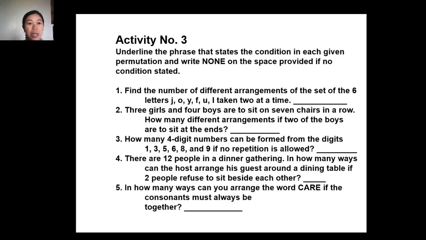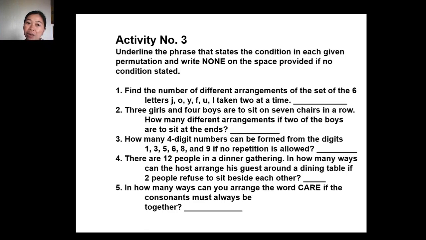Then, for activity number 3, so, underline the phrase that states the condition in each given permutation, and write none on the space provided if no condition is stated. So, it means that kapag may in-underline kayo, so ang i-underline ninyo ay yung condition. So, let's say nakita nyo yung condition, so you have to underline.